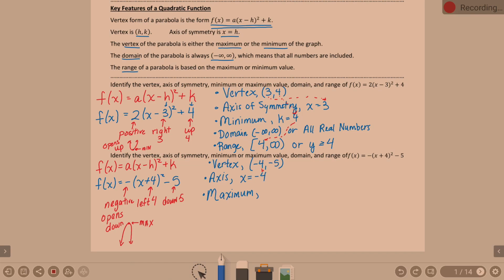Keep in mind, our parabola is upside down, yes? So how high does that vertex go? More like how low does it go in a way, but yeah. The height of this vertex is -5. So it's always the k value, or it's always the y value every time. That will always be your max or min value. You just have to know if it's a max or a min.